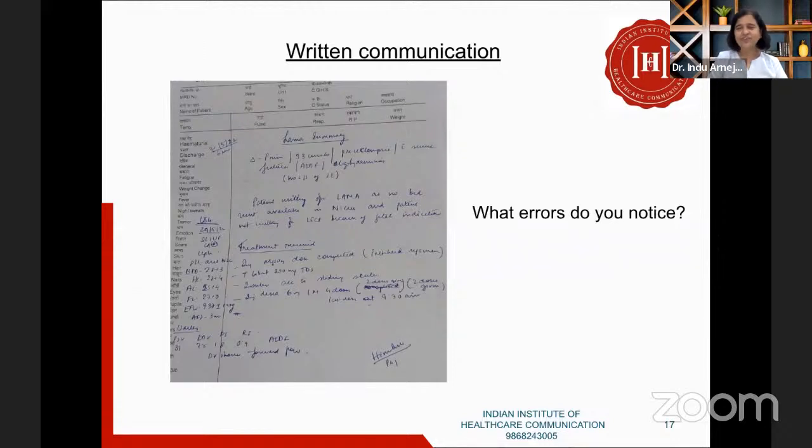Absolutely, it's not written in order. I fully agree, because that's the way most of us have learned. There is no formal training in writing a patient's summary or case sheet. There are protocols for writing a patient's case sheet, summary or referral sheet. But honestly, there is no formal training.